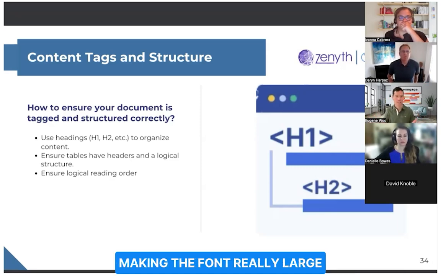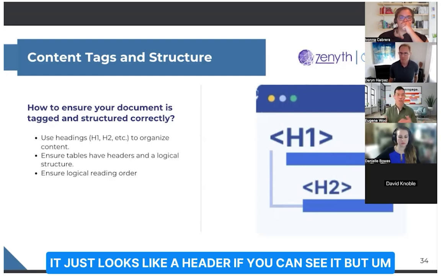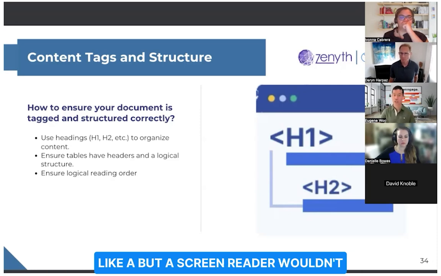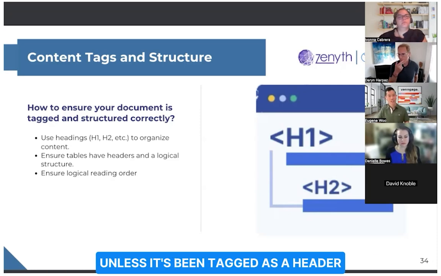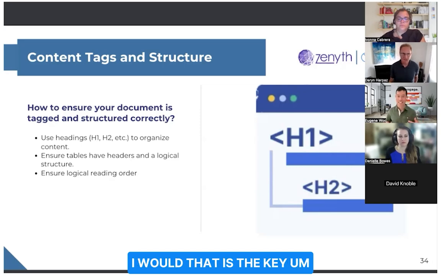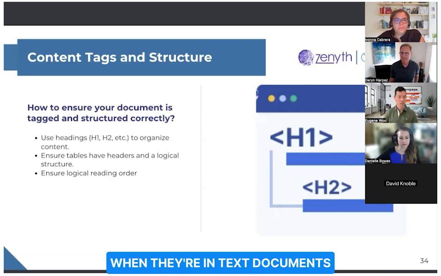Technically that's not a header. It just looks like a header if you can see it, but a screen reader wouldn't know it's a header unless it's been tagged as a header. That is the key practice that everyone should have when they're creating text documents.